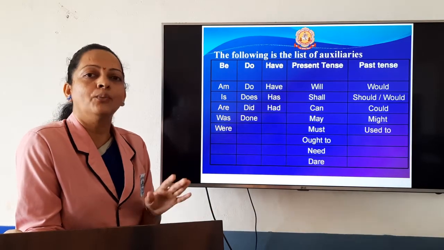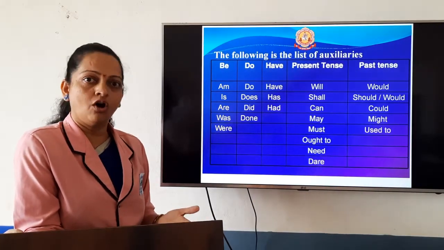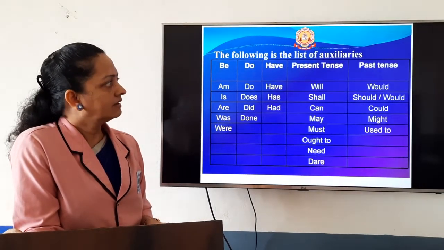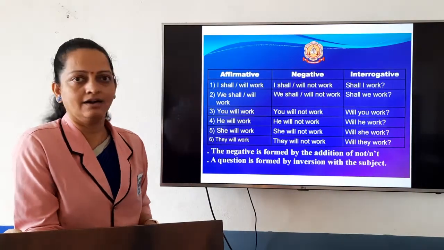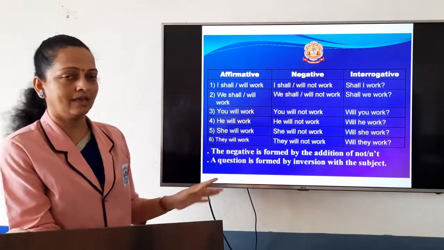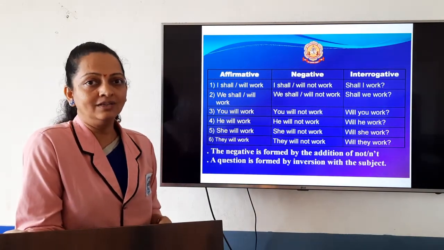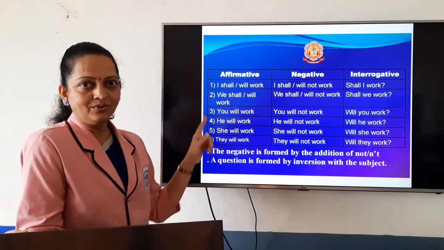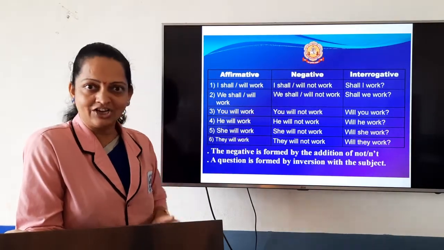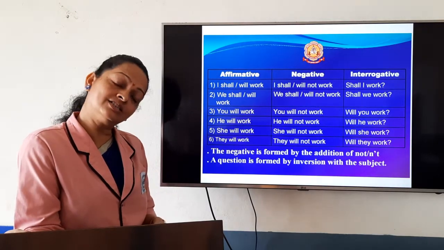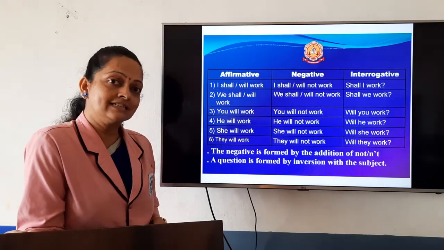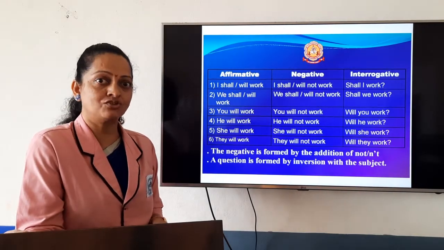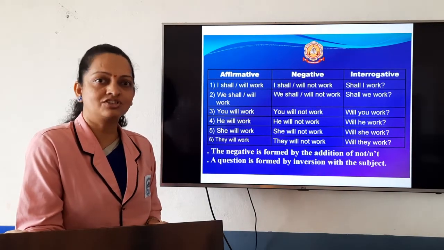We get confused about when to use will, when to use would, or can, could, shall, should. So here is one more table which tells how these auxiliary verbs are used to make affirmative, negative and interrogative sentences. If you remember from the first session, sentences are of different types based on functions and also based on structure.